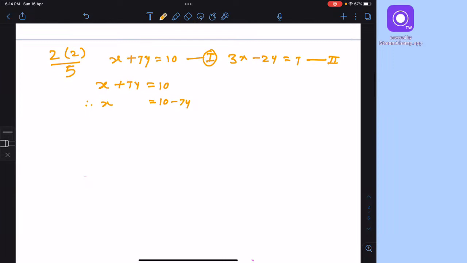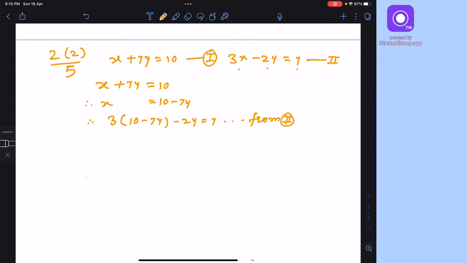So this other equation is 3 into x. x I have found out to be 10 minus 7y, minus 2y is equal to 7. This I am getting from equation 2. I am writing here from 2 so that the reader can refer to what 2 says: 3x minus 2y is equal to 7. And here I am writing 3, and instead of x I am writing 10 minus 7y.